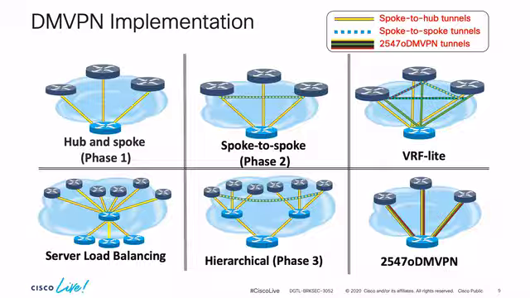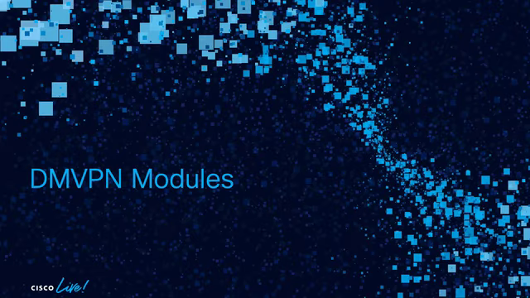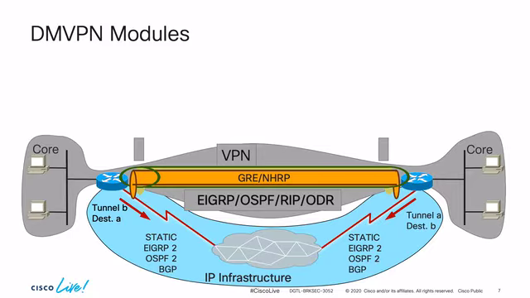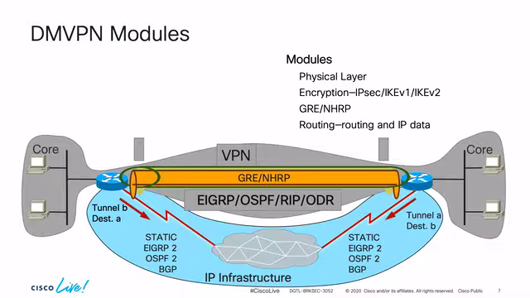So now let's get into the DMVPN modules, the heart of our presentation, the reason why you are listening to this particular session. What are the different DMVPN modules? They are the physical layer, encryption, GRE, NHRP, and the routing module.